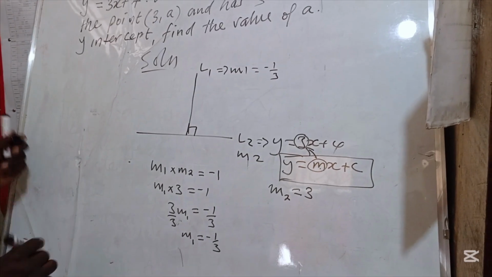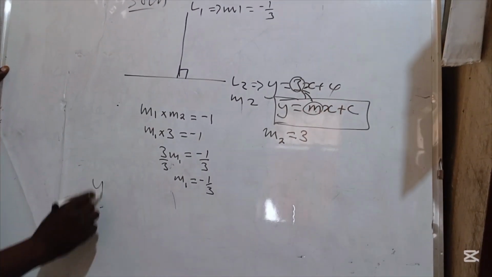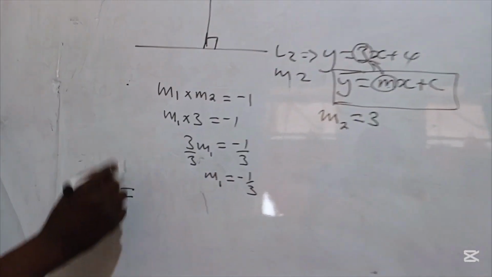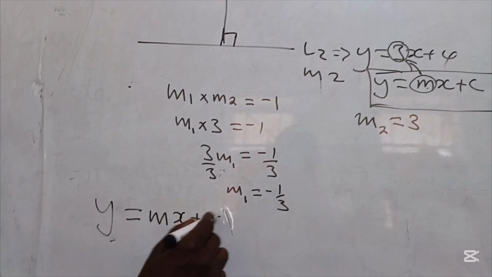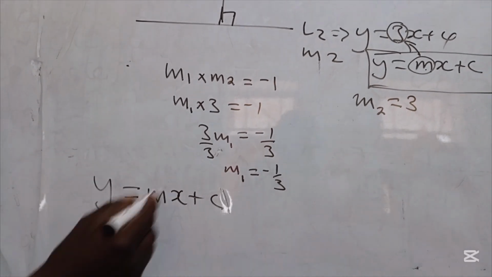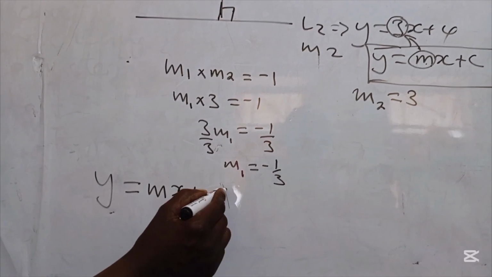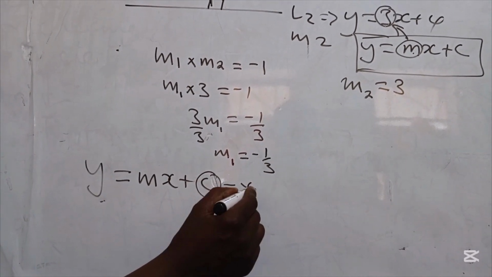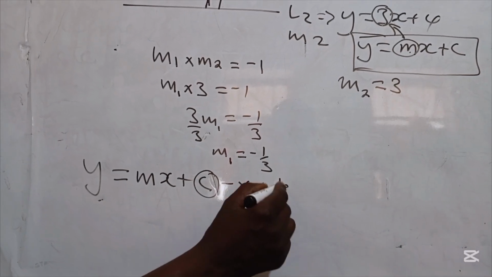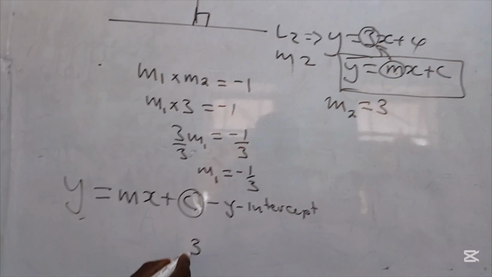First, I can use the straight line method, where y = mx + c. They have told me that c, the y-intercept, is already given: it is 3.